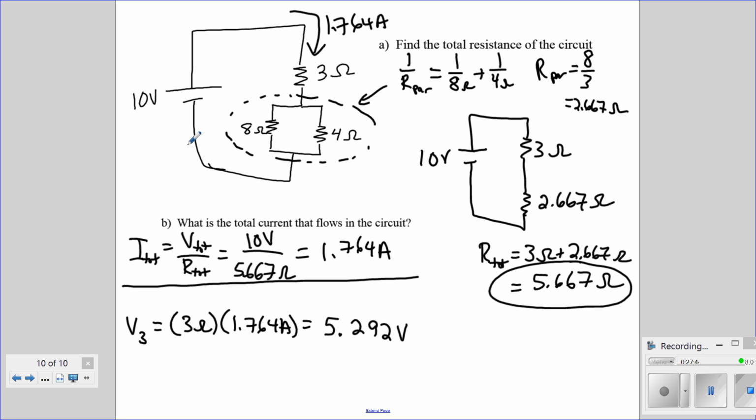And so by the loop rule, if we gain 10 volts here, and we've lost only a fraction of it, 5.292 volts, across this 3 ohm resistor, that means that the voltage across the parallel part needs to be 4.708.